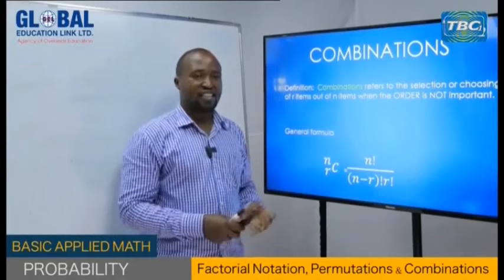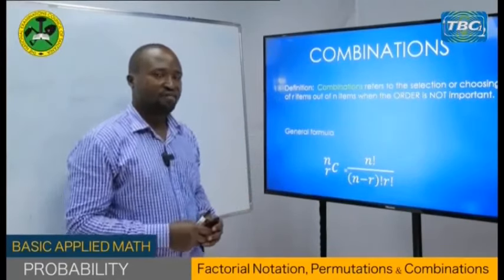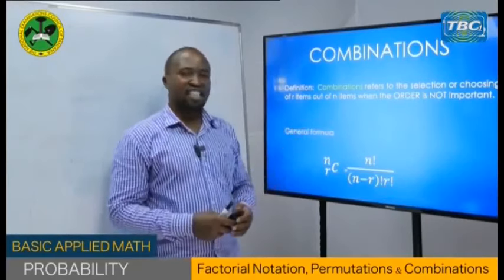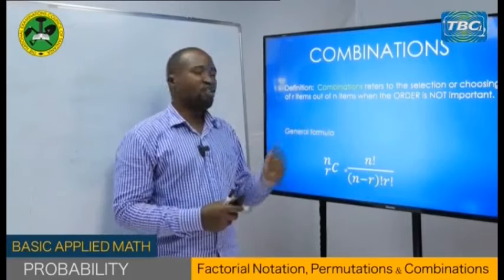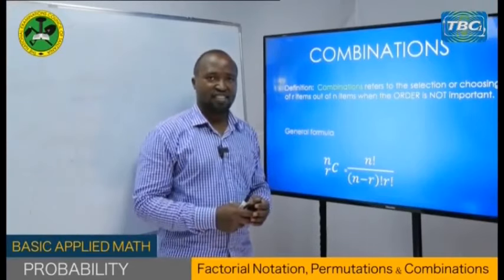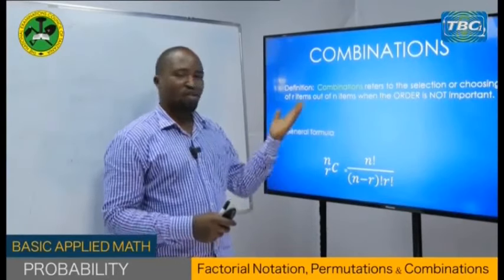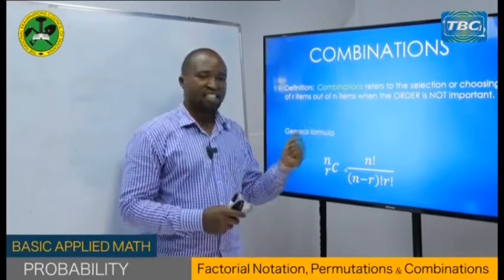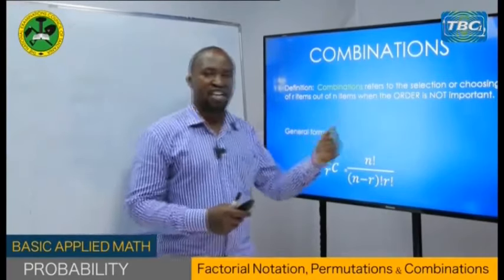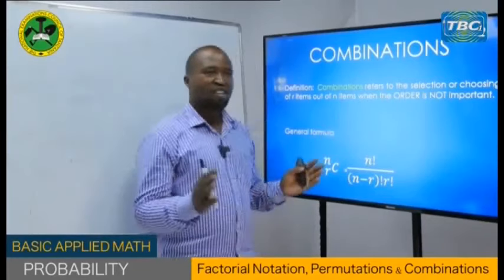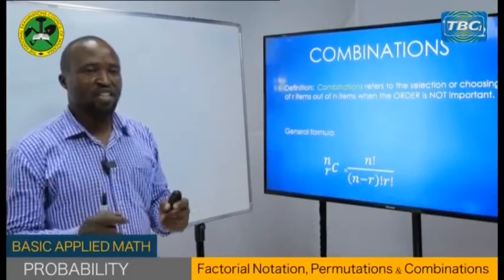When we go for the second case, that is combination, by definition, combination refers to the selection or choosing of items when the order is not important. So the issue to care about here is that combination is selection or choosing of items whereby order is not important. Now you can see the differences between permutation and combination.